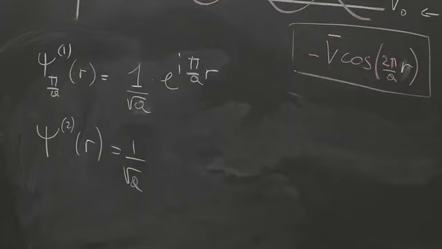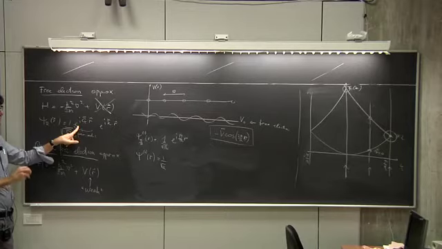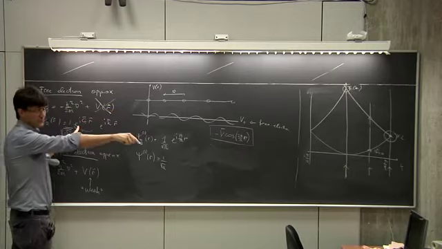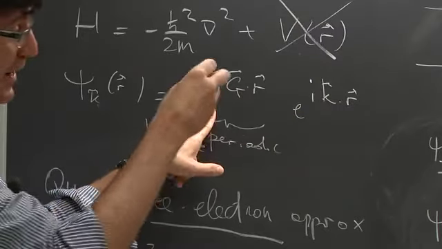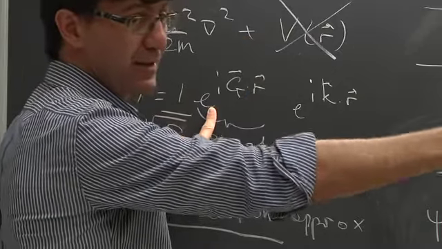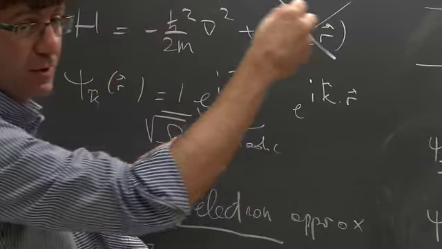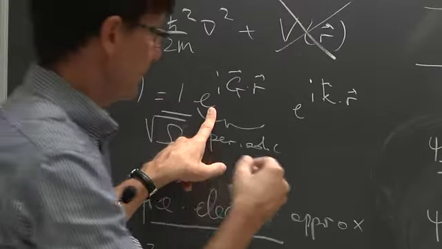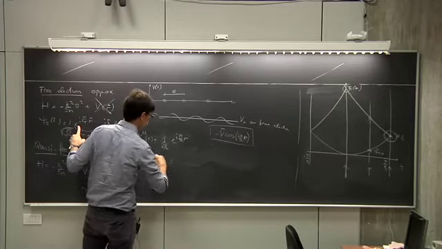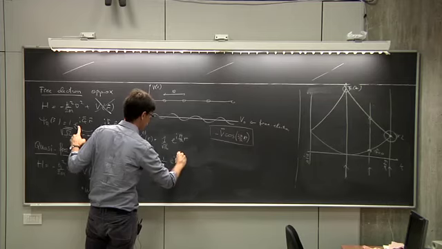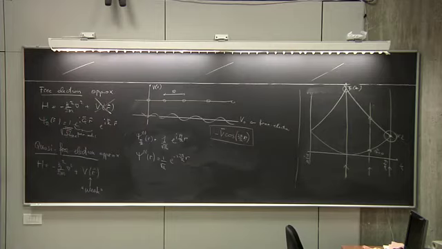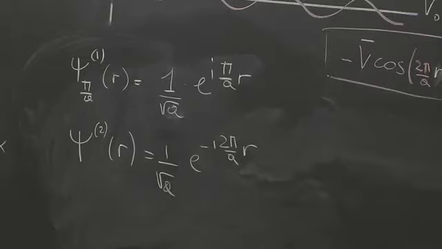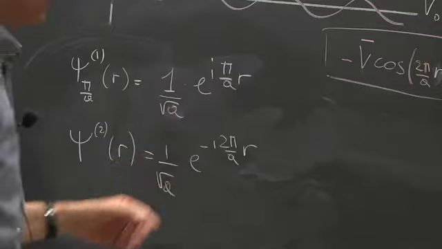Well, e to the i g r. G is, actually it's minus 2 pi over a, you remember, because the parabola centered at 2 pi over a is the one corresponding to minus 2 pi over a. So this is e to the minus i 2 pi over a r, and that's the periodic part of the Bloch state. Then comes the Bloch phase, but the Bloch phase is the same as the other one because they correspond to the same point.